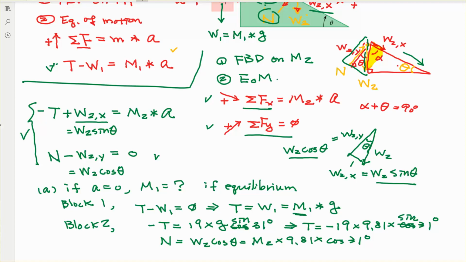So what does this one tell you? If you find out T, you can put T here and you will be able to find M1.